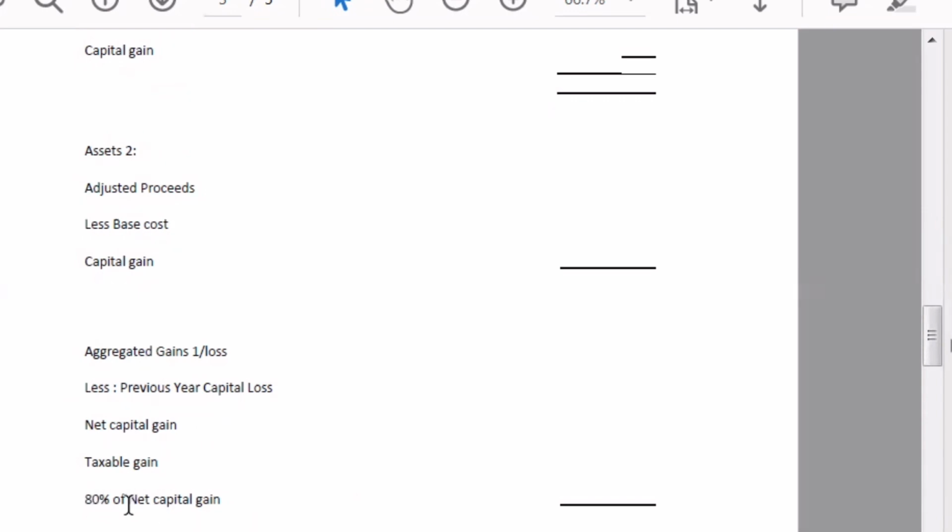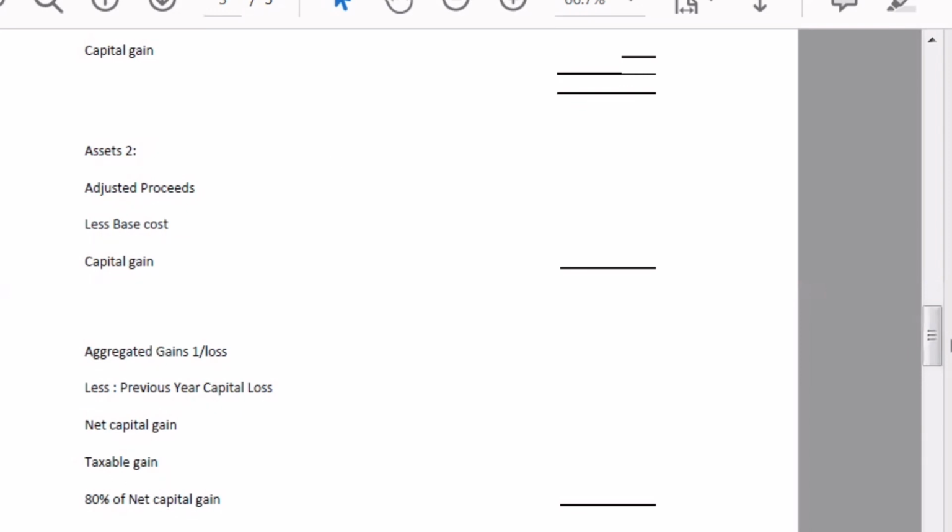It's a rule to say whatever you gained, 80% is what you include in your calculation of your taxable income. So 80% of what you gained is subject to taxation, not 100%. That's where that comes from.